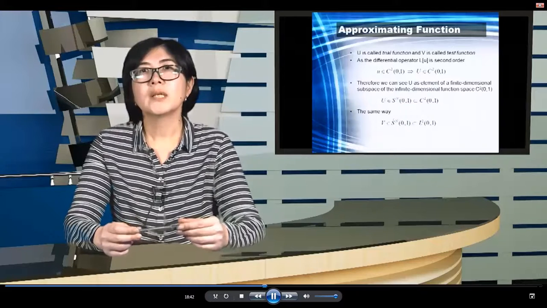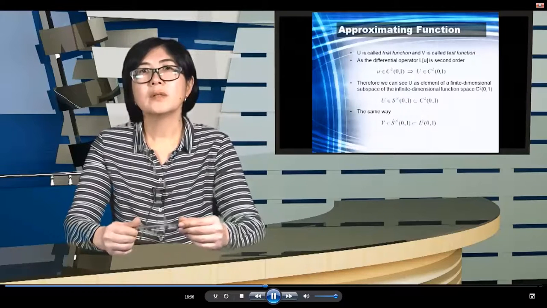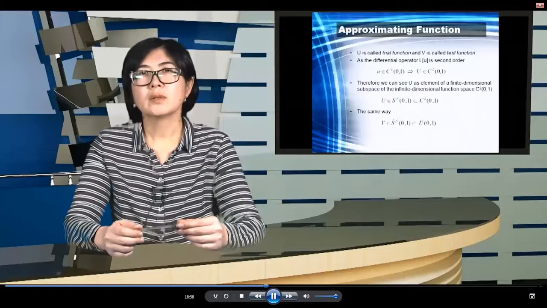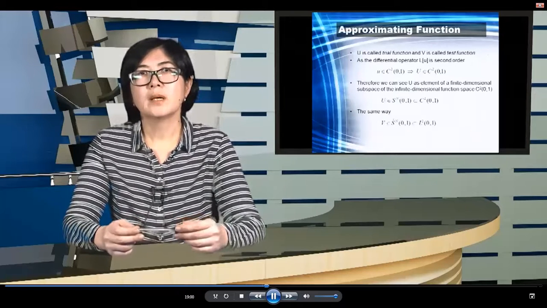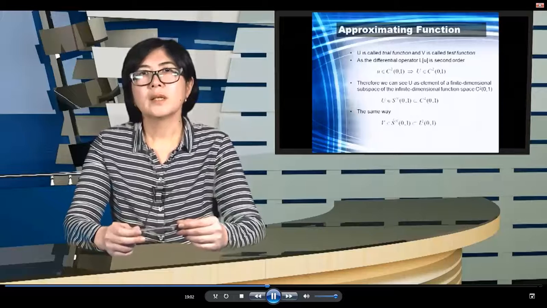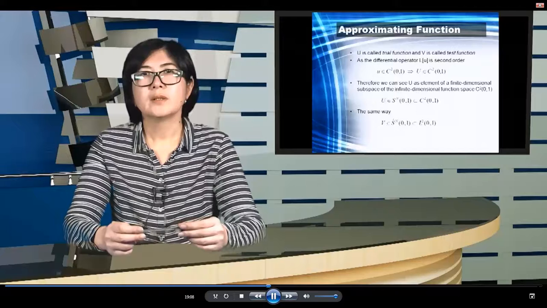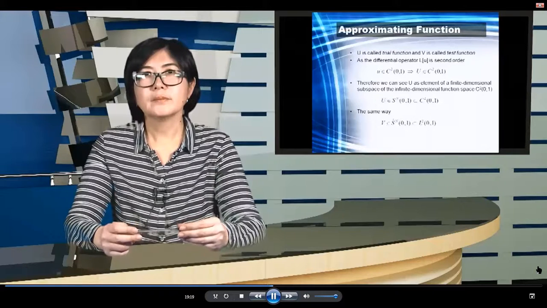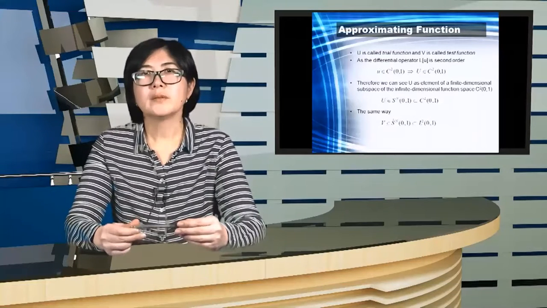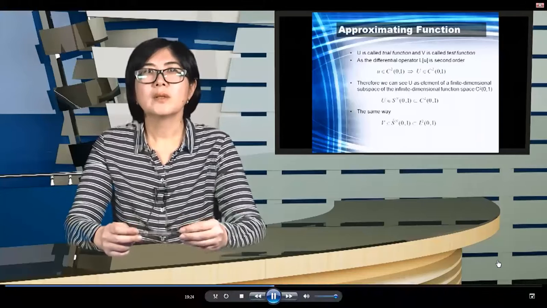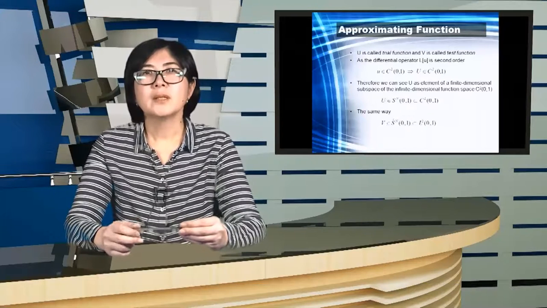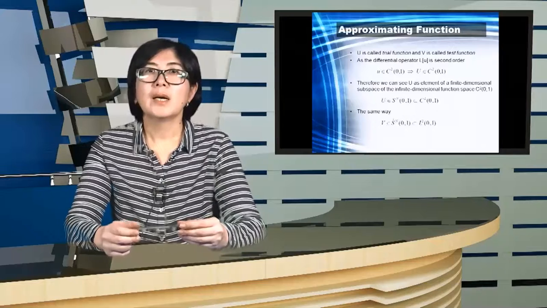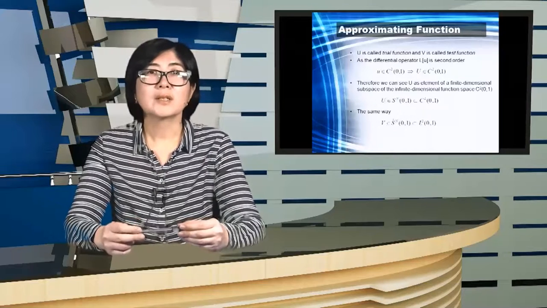Function u is called the trial function and function v is called the test function. Because the differential operator L is second order, function u must be two times continuously differentiable. Therefore, we can see function u as an element of a finite-dimensional subspace of the infinite-dimensional function space C.